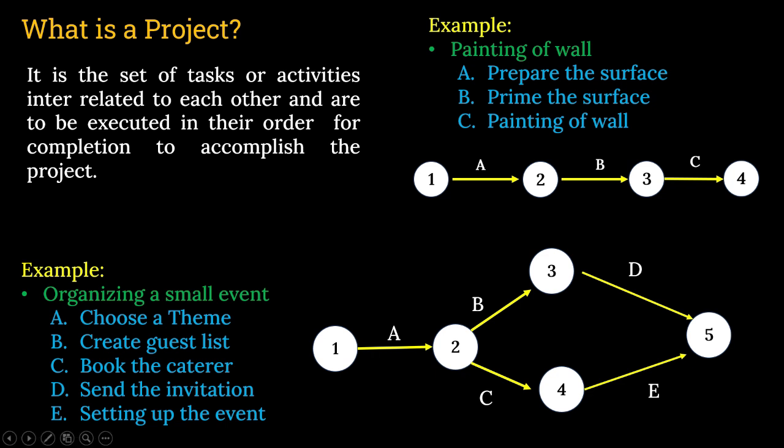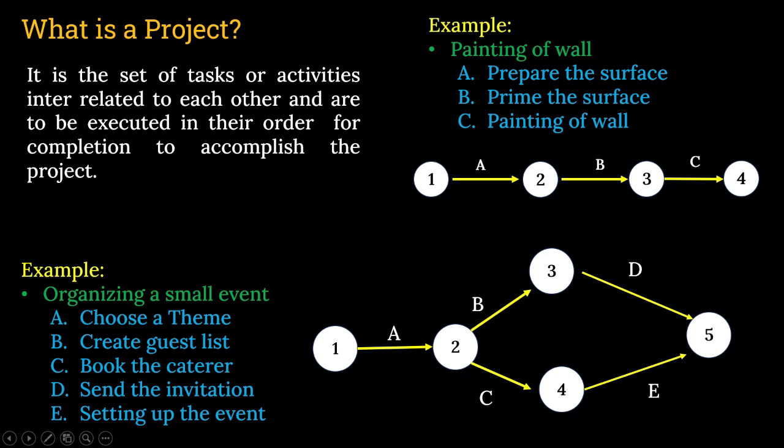Here you can see you cannot start D without finishing B. That means you cannot send the invitation without finalizing the guest list. You cannot set up the event without booking the caterer. We cannot set up the entire event without choosing a theme.